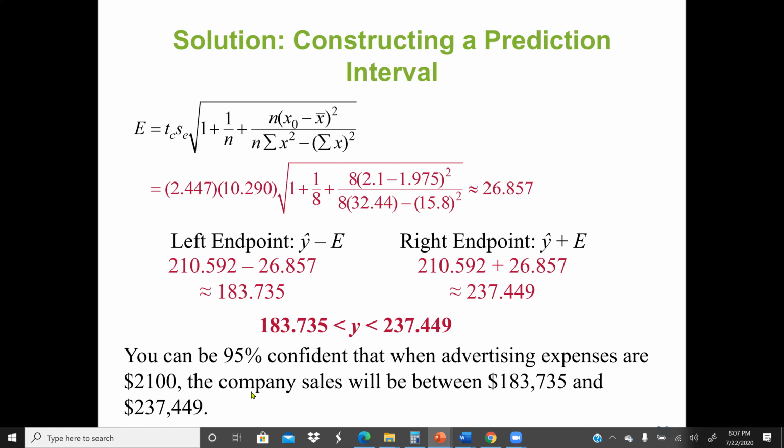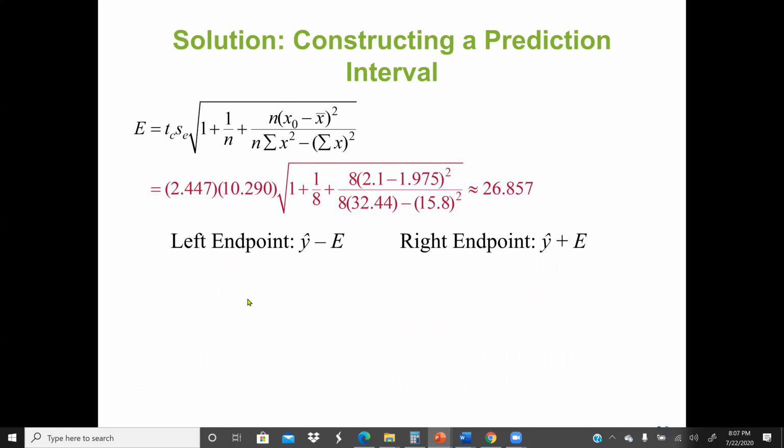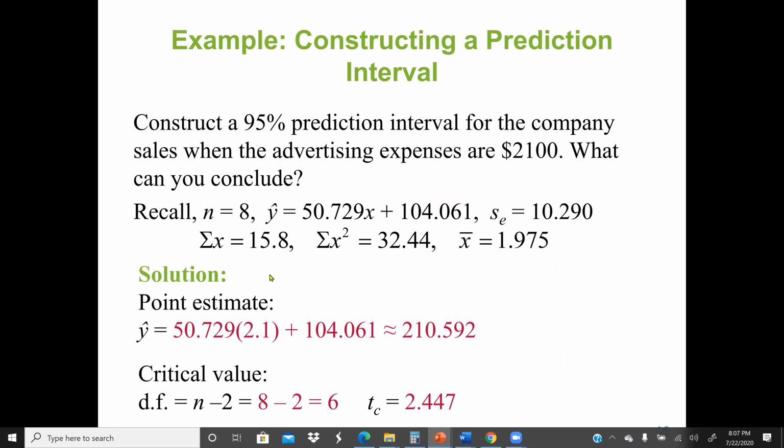We are 100% sure based on the previous. We were able to get a regression model. The regression model here gave us all the 8 pair of X and Y, the company advertising expenses and the sales. Also, we're able to find this from that data set.